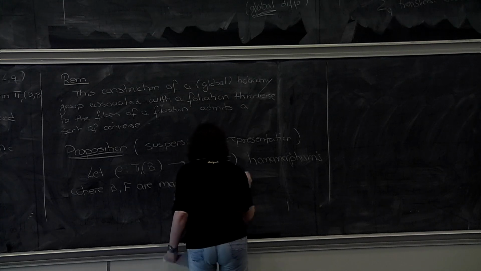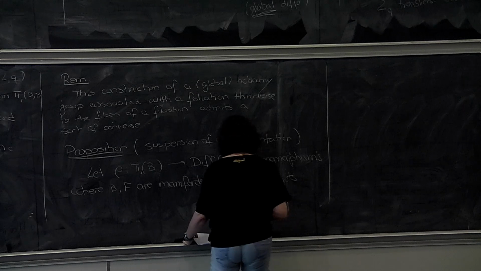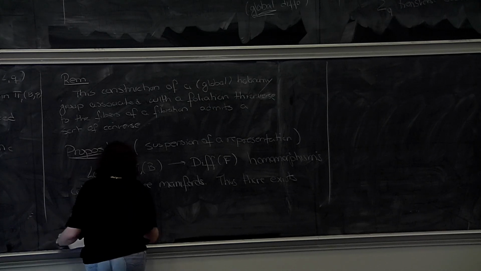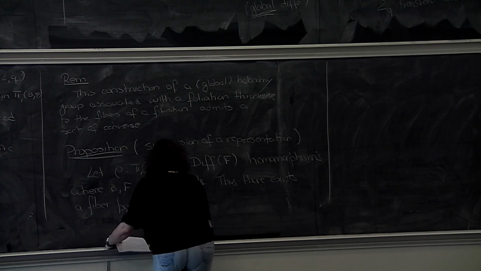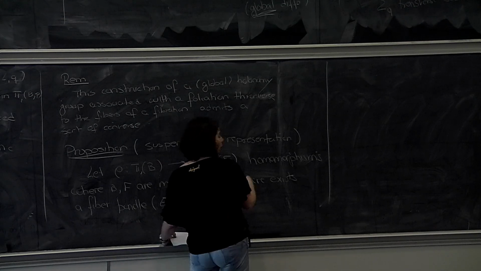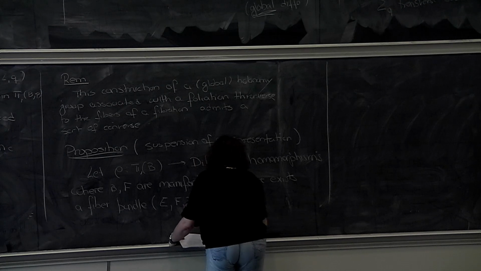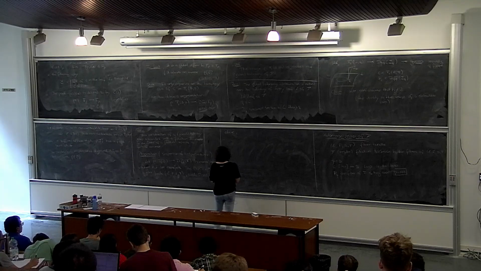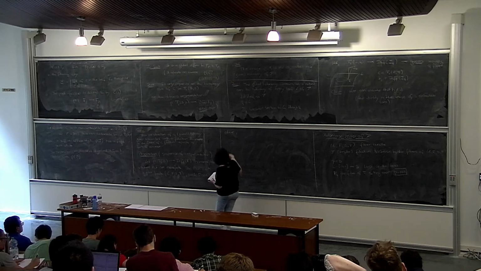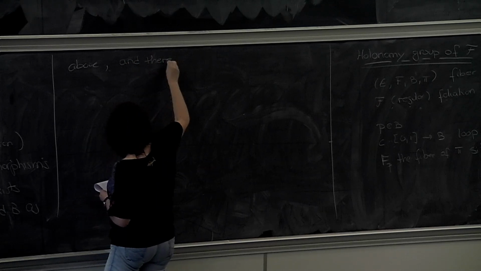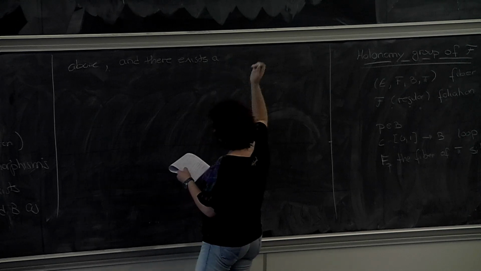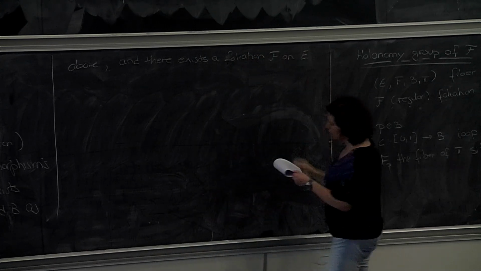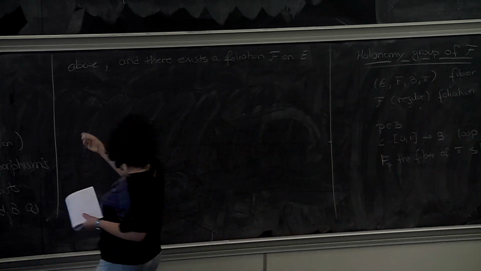Thus, there exists a fiber bundle E, F, B, P with F and B considered before. And there exists also a foliation F on this manifold E that is transverse to the fibers of this fiber bundle.